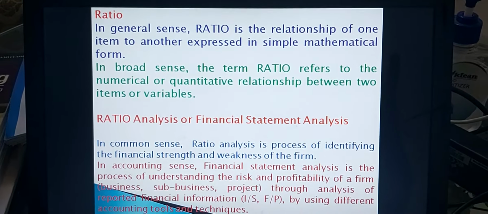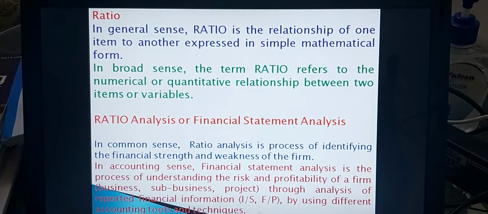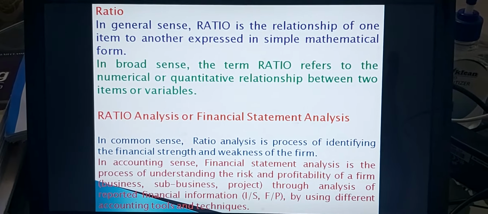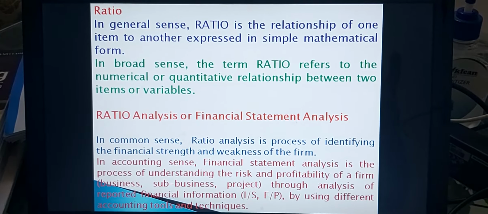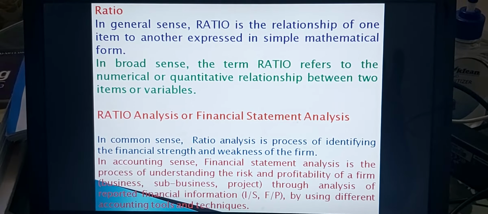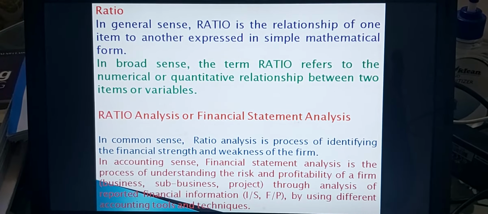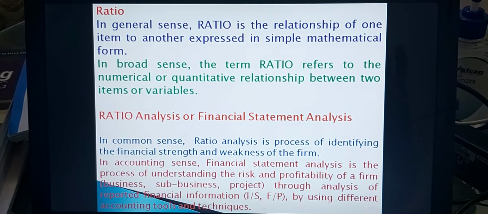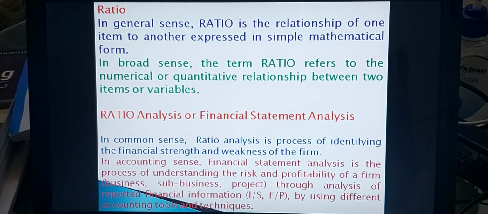I repeat again, in general sense, ratio is the relationship of one item to another expressed in simple mathematical form. In broad sense, the term ratio refers to the numerical or quantitative relationship between two items or variables.